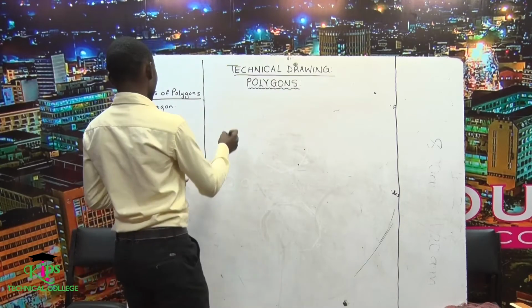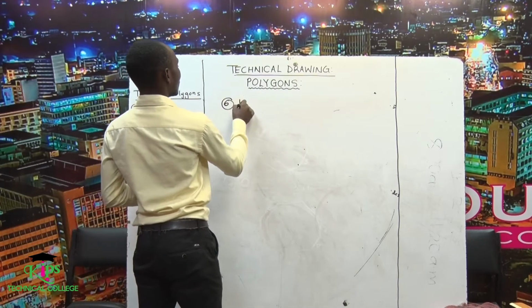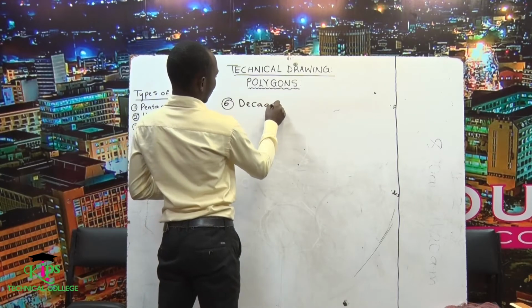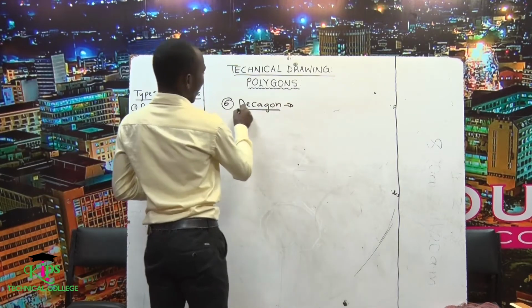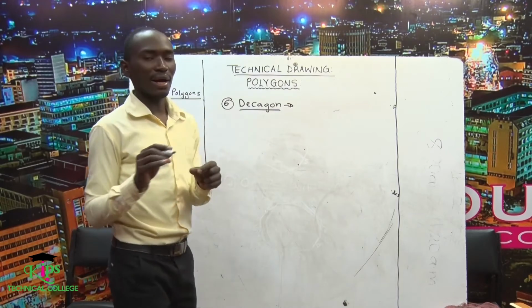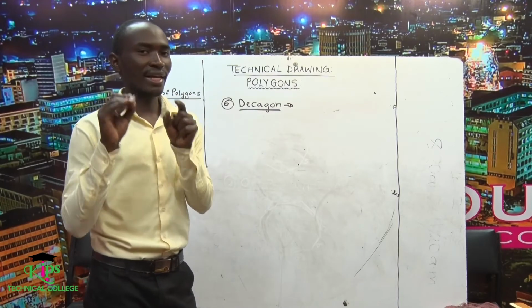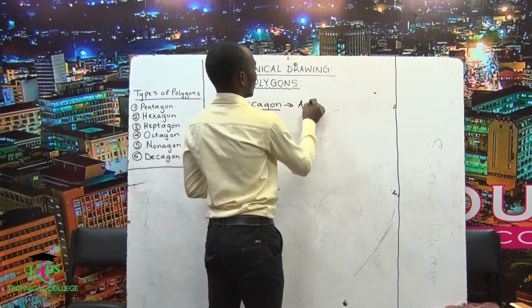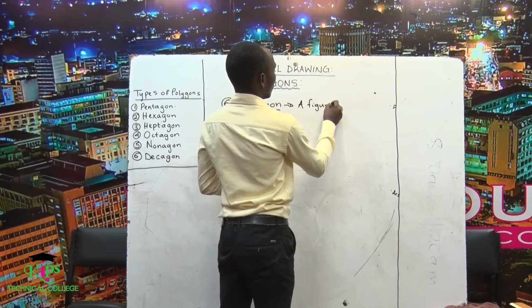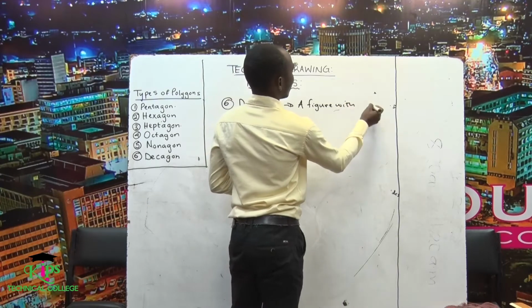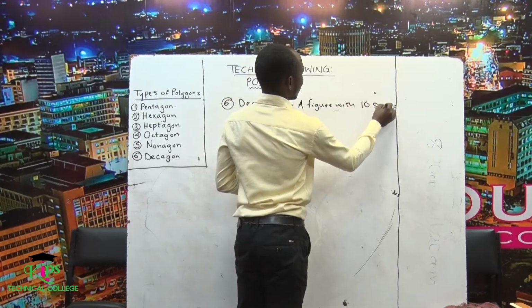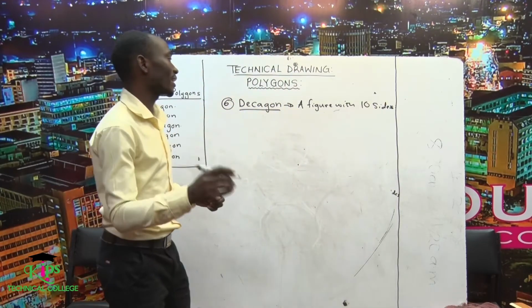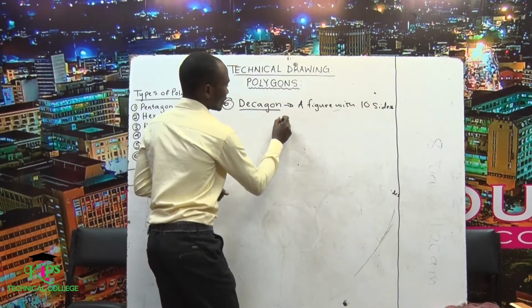The sixth one is a decagon. A decagon is a figure that has got 10 sides. Let's start.